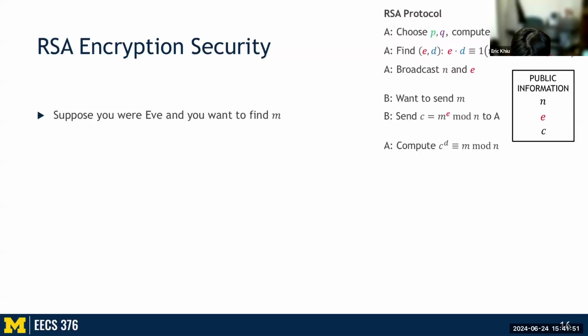Now let's do a quick concept check. Suppose that you're Eve and you want to find the message. Let's say Bob sends a ciphertext to Alice, and you want to try to get that message.